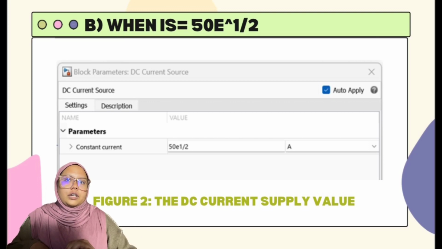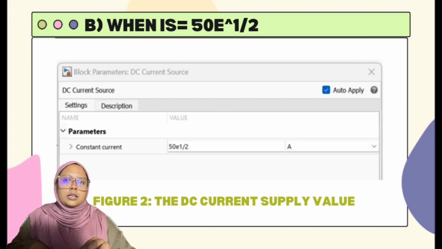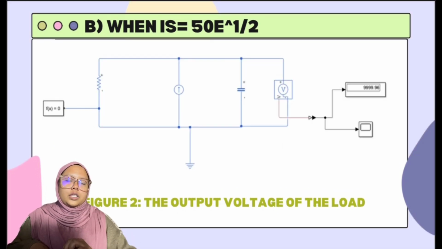Then for the DC current supply value for B, the question asks what will happen to the voltage output when the input supply changes to 50 exponent negative t. Since we have defined t as 1/2, we just put 50 exponent 1/2 in the constant current parameter, and the result would be like this.